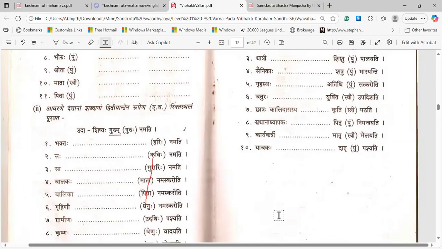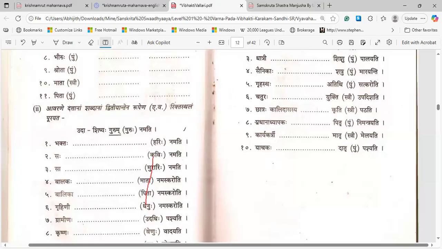So we will take up at least one Shabda in each ending, that is Akaranta, Ikaranta, Ukaranta, etc. So that we are aware of what are the different forms for each particular ending. That we will have to take up gradually.